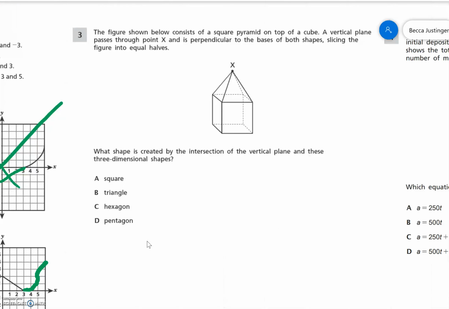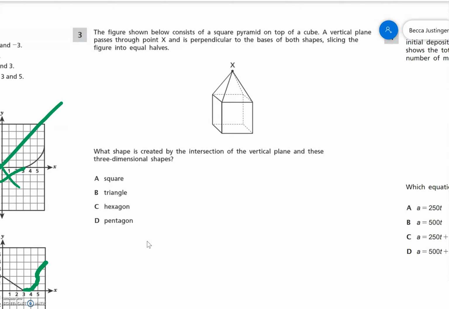Number 3. The figure shown below consists of a square pyramid on top of a cube. A vertical plane passes through x and is perpendicular to the bases of both shapes, slicing the figure into equal halves. What shape is created by the intersection of the vertical plane in these three-dimensional shapes?